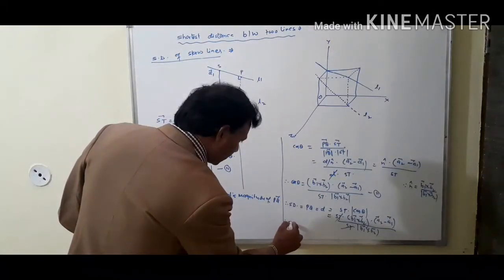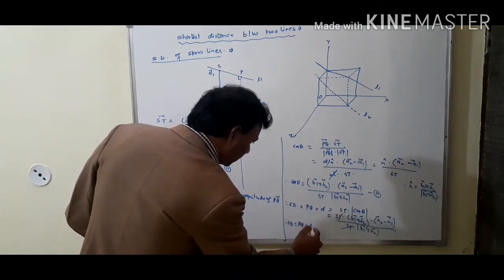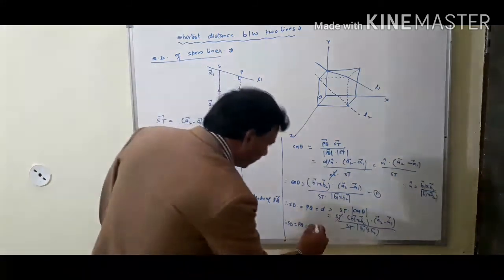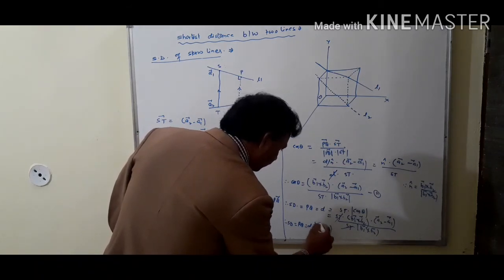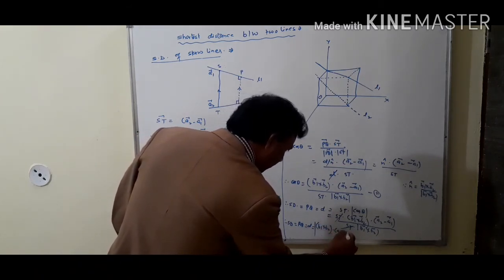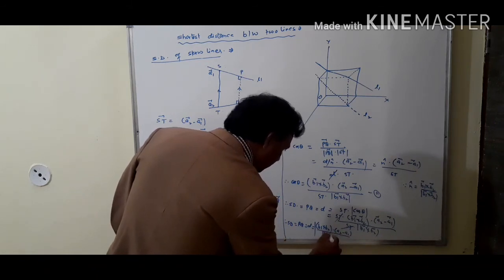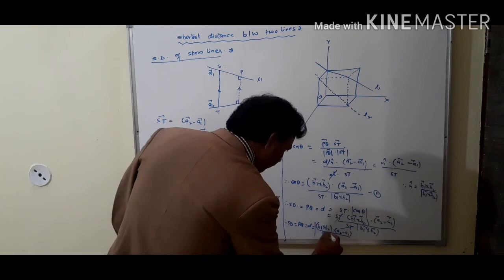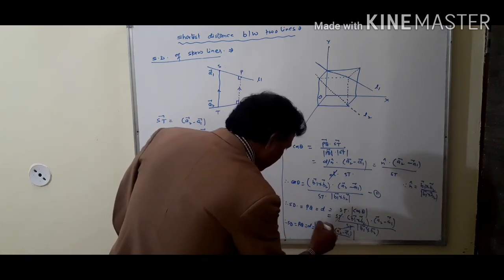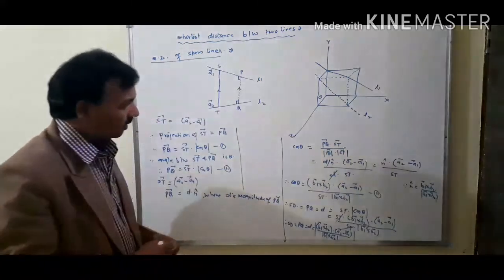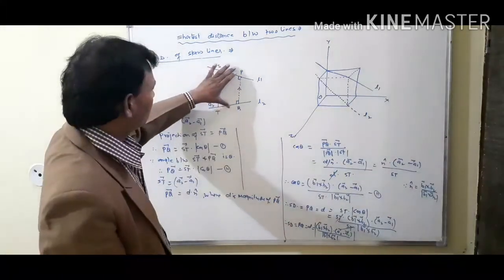Therefore, SD equals PQ equals D, which is the magnitude of B1 cross B2 dot A2 minus A1, whole upon magnitude B1 cross B2. This is the shortest distance between two skew lines.